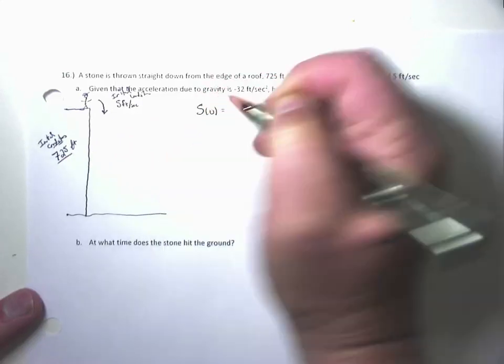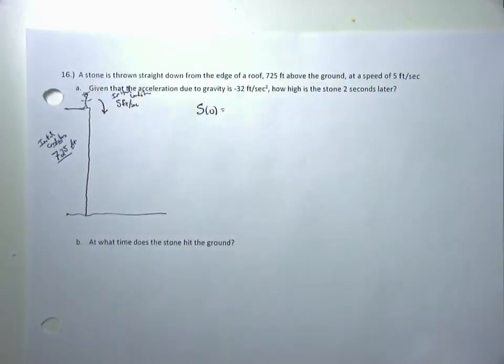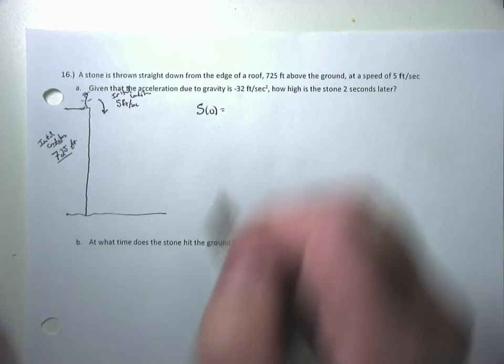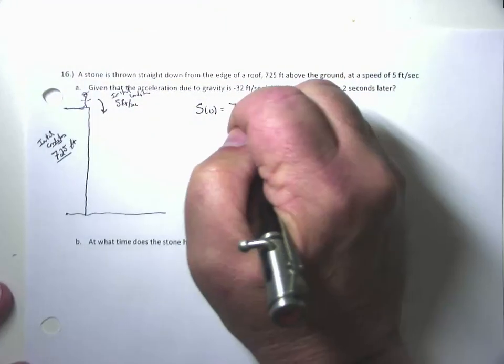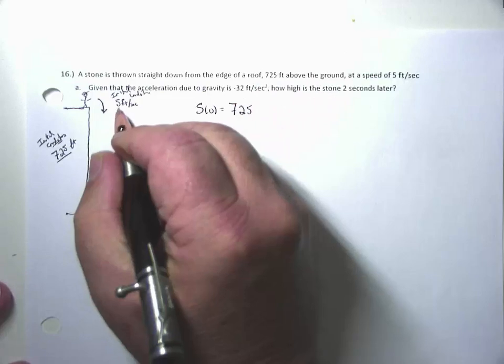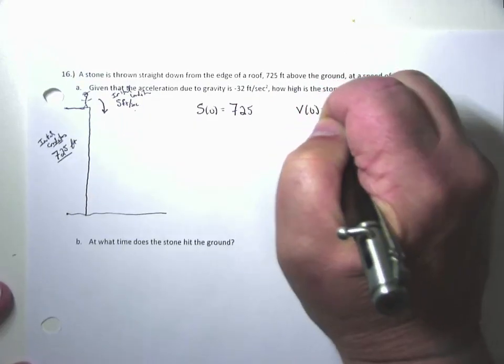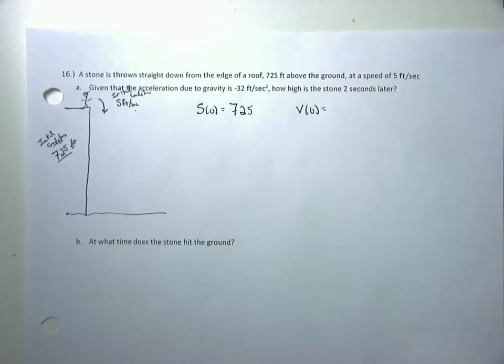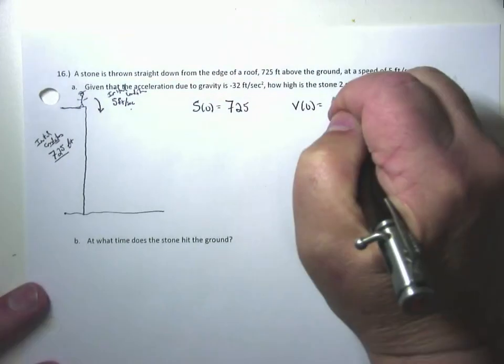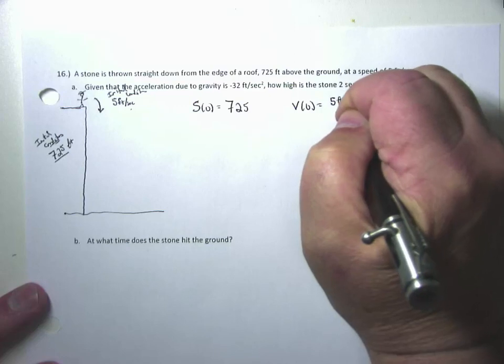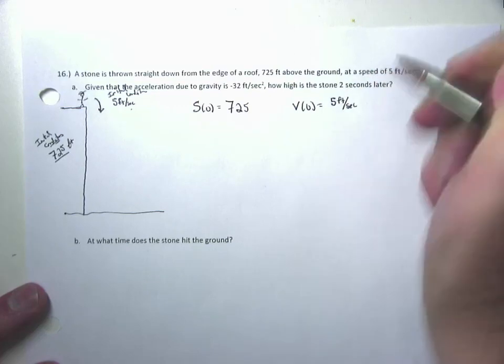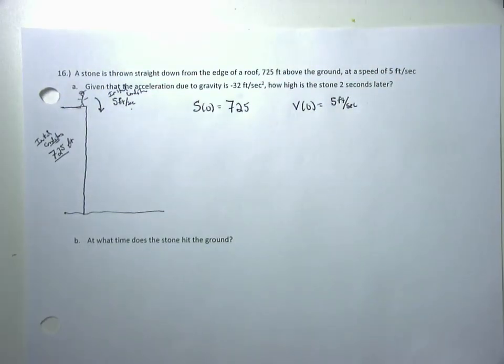S of 0. The position of the stone at time equals 0 is on top of the roof. 725 feet. Feet per second is a velocity. So the initial velocity as we throw the stone is 5 feet per second. And I think we must have just tossed it over the edge or something or other. 5 feet per second is not very fast. Does that make sense? That's my initial conditions.